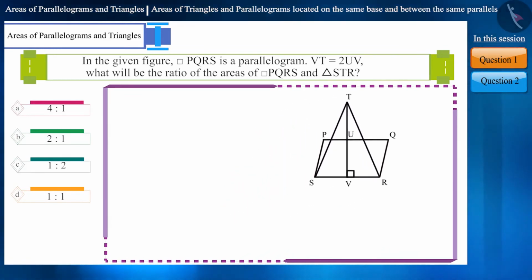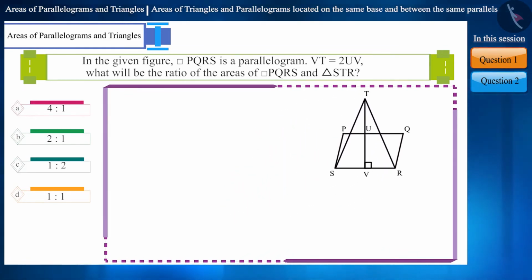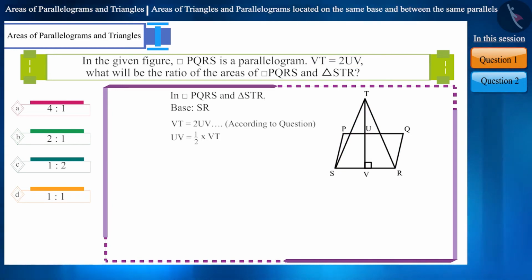Let's see. In the given figure, parallelogram PQRS and triangle STR lie on the same base SR, and we have been given that VT is equal to 2UV. We can write it like this. Let's consider it as equation 1. We will first find the area of quadrilateral PQRS.